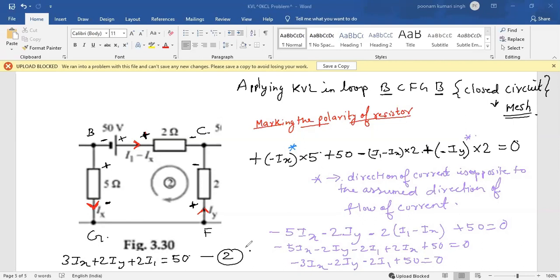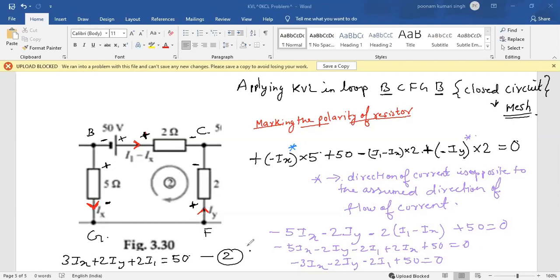If you are feeling anything suspicious, or if you have any doubt in this part, please ask now. Is it fine, students? Getting the logic?